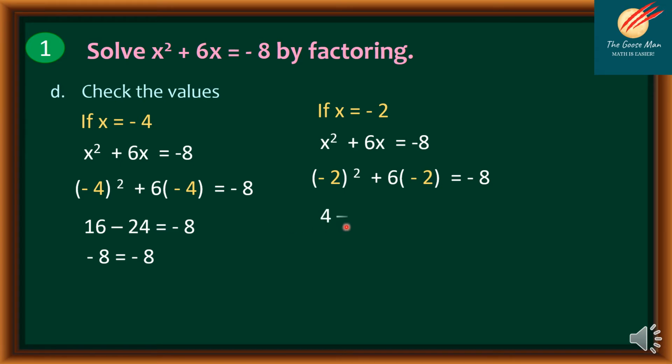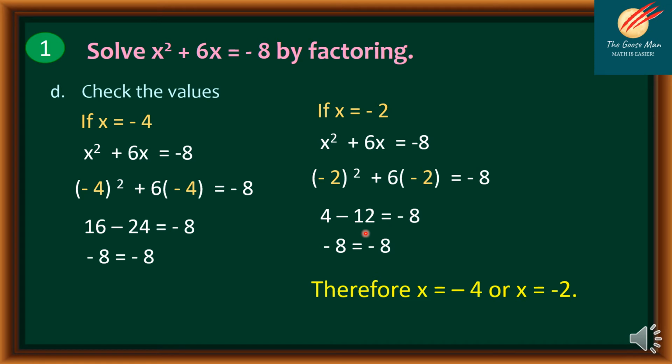Simplifying it further, negative 2 times negative 2 will give us 4 minus 12, is it equal to negative 8? So we have negative 8 is equal to negative 8. Therefore, we can say that x is equal to negative 4 or x is equal to negative 2.